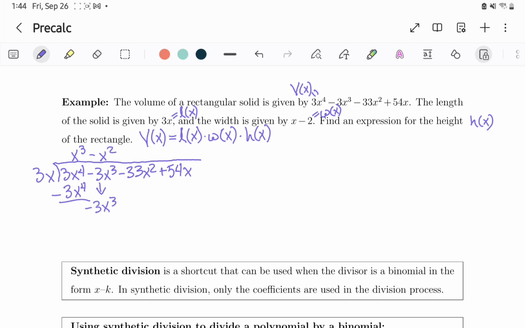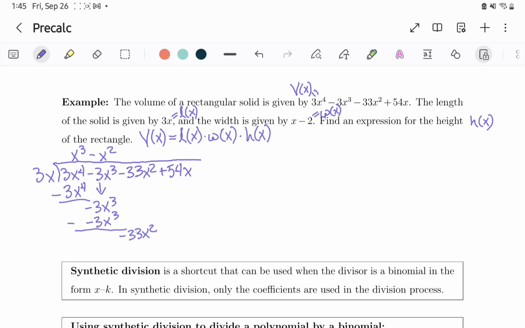Okay, and then we'll multiply 3x by minus x squared. So that's going to be minus 3x cubed. These are going to cancel each other out. And so we will bring down the next term, which is minus 33x squared. And 3x goes into minus 33x squared.